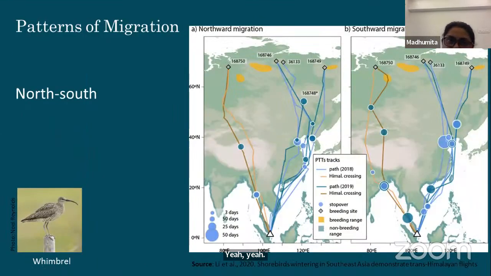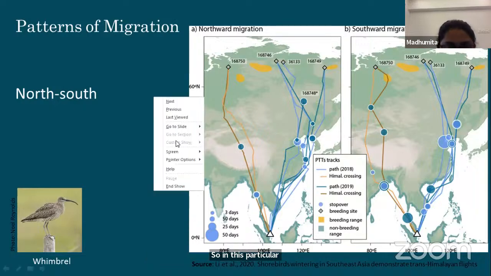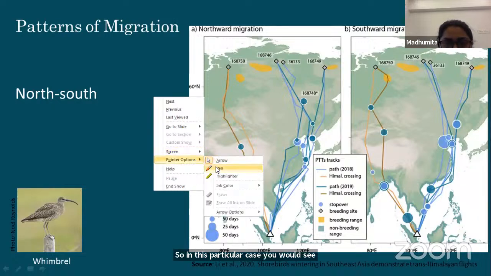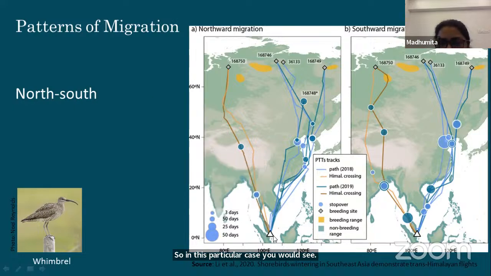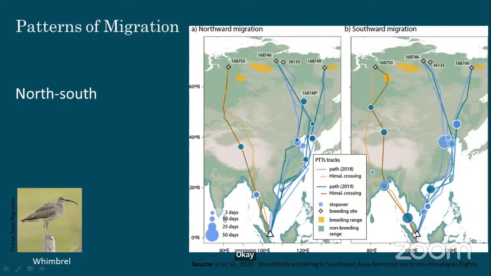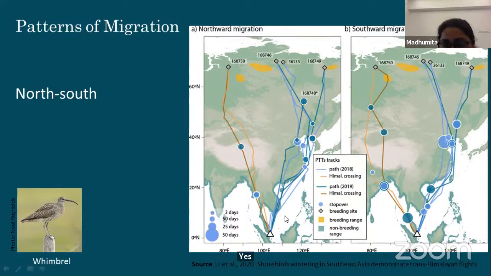So the most typical pattern of migration is north-south. We have been speaking about it since the start. In this particular case, a whimbrel, which was tagged somewhere near Singapore, you can see the northward migration and the southward migration of this bird.